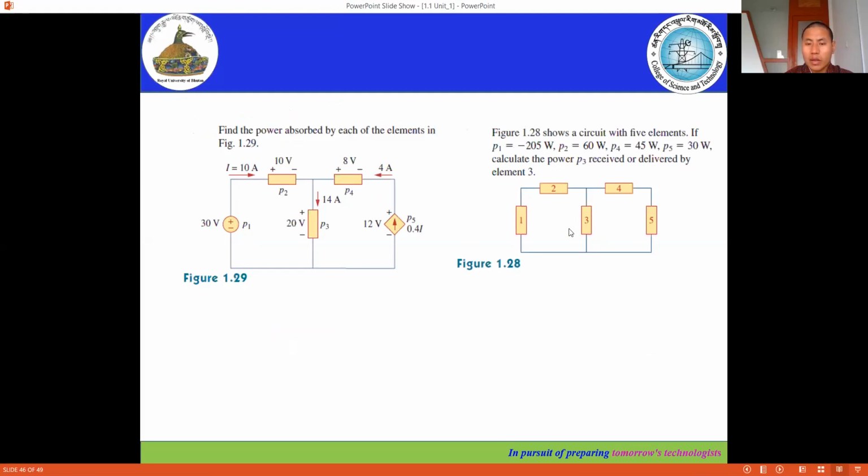As I said, the sum of power in this network should be equal to 0, so to calculate P3, we make P3 the subject and sum up all the other powers. Whatever answer you get is the power for this element. Let's do it with this example.